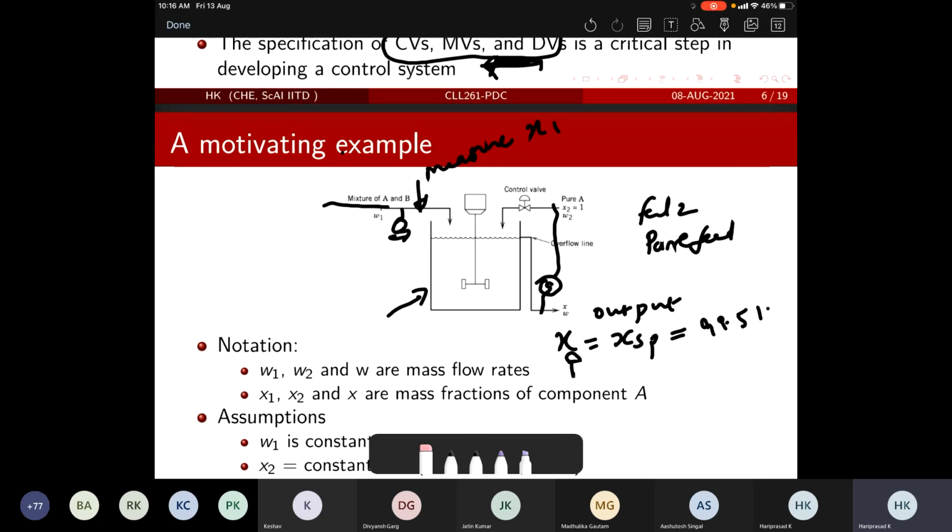Okay, so sir, if you keep a sensor here, that sensor seems to be a bit cheaper. The sensor you can keep in the upstream is cheaper compared to a sensor you can keep in the downstream. Since you cannot waste a lot of money, you keep a sensor here.